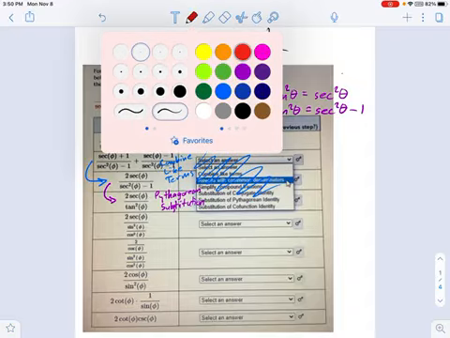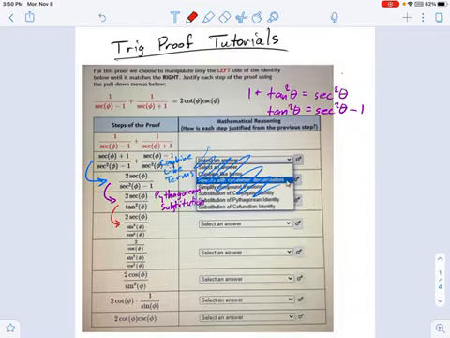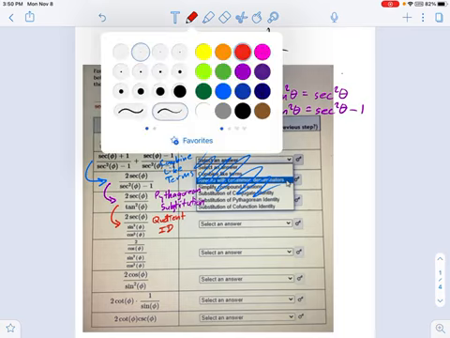Now, next step. Let's move on. How do we go here? Well, what I'm doing now is I'm using a quotient identity to replace tangent with sine over cosine. You see, that's going to make this fraction really big. That's not great, but we do need sines and cosines to solve the problem.